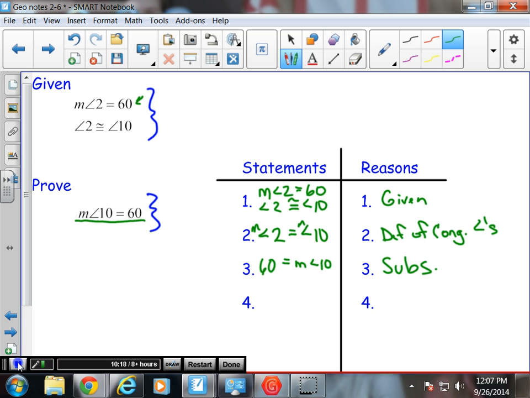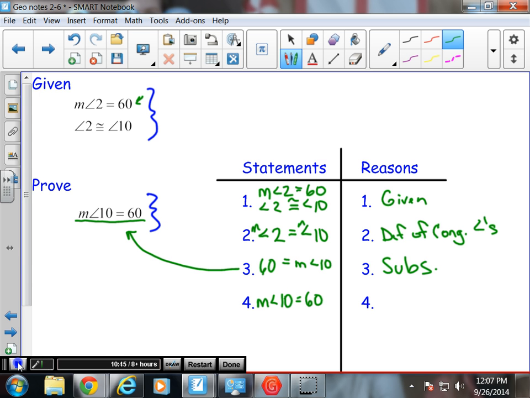Now the problem is, between this one and this one, we have our 60 and the measurement of angle 10 on the wrong side of the equal sign. So we have to flip them over, because we're trying to prove that the measure of angle 10 is 60 degrees. If you think back to those properties that we just had, what tells me that I can flip those around?